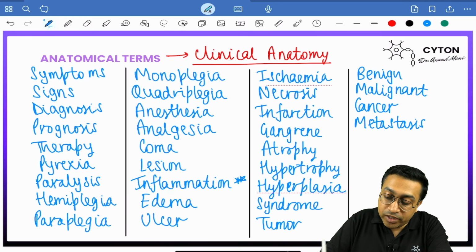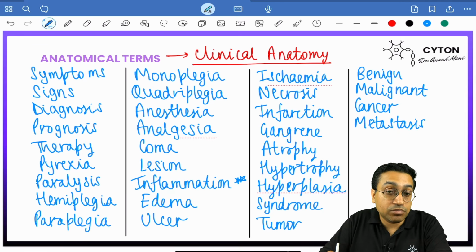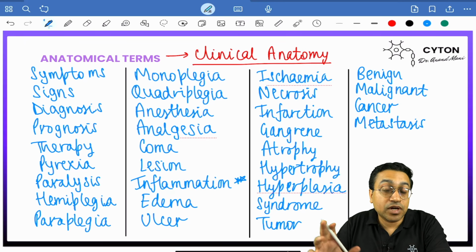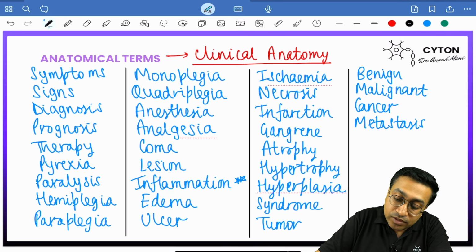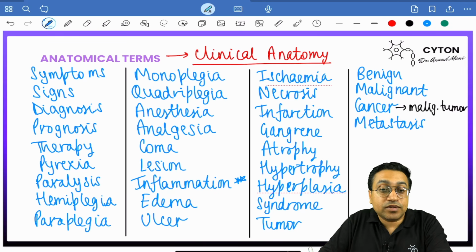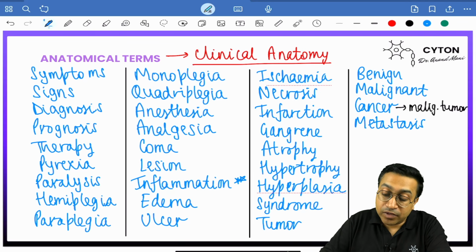So tumor and cancer are not synonymous words. Tumor is a non-inflammatory circumscribed abnormal growth. Cancer is a malignant tumor. Okay, don't confuse. Metastasis, that is spread of disease or cancer from one part to another.